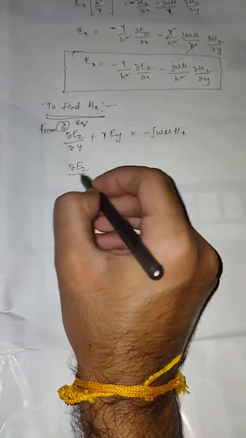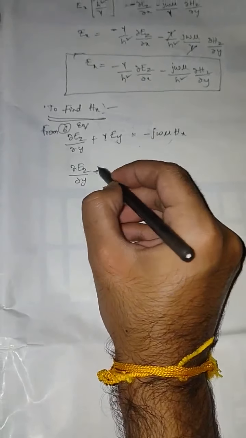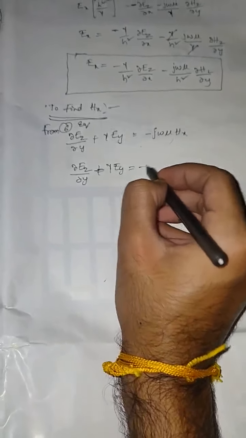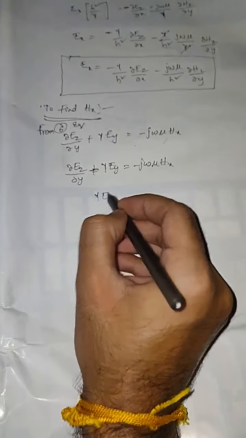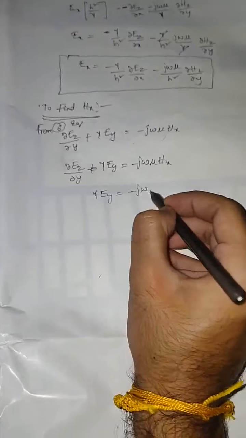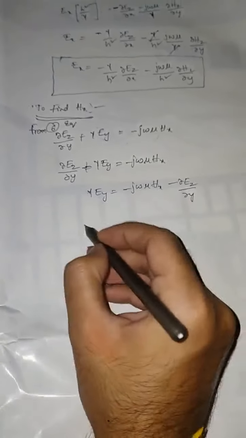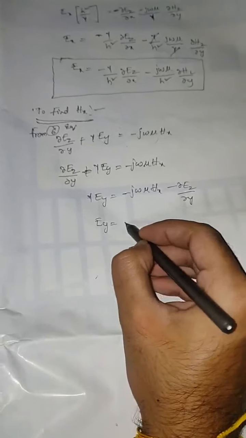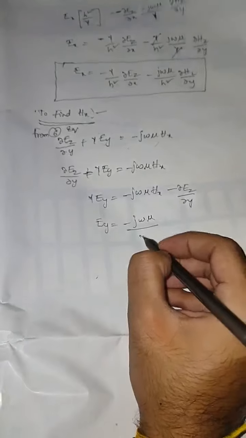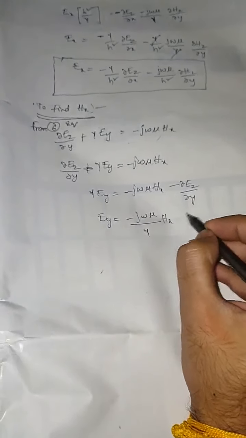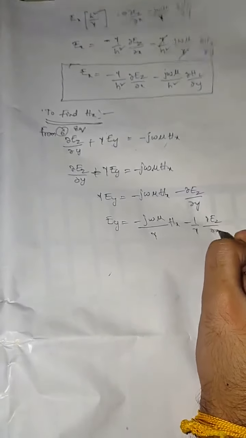So dou Ez by dou y plus gamma ey is equal to minus j omega mu hx. Now I want gamma ey, so move this term to the other side, dou Ez by dou y. So ey is equal to j omega mu divided by gamma hx minus 1 by gamma dou Ez by dou y.